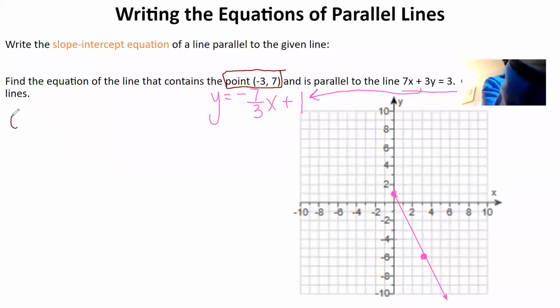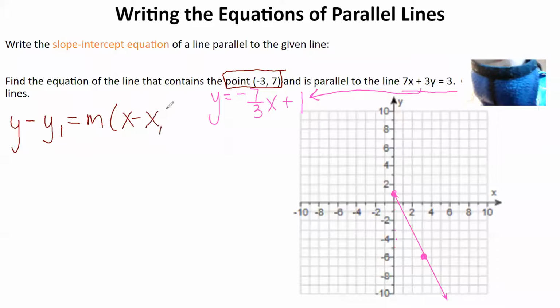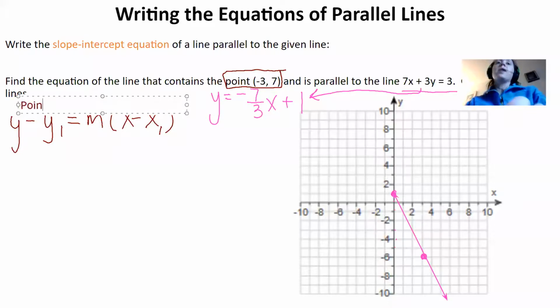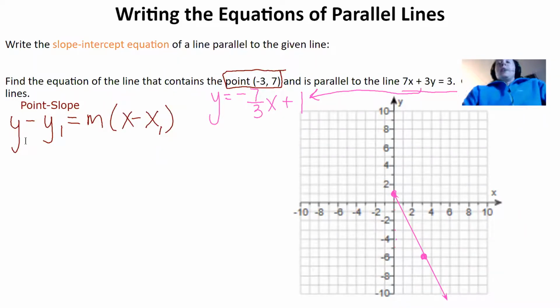So you will always tackle problems the same way. So that is point-slope. And remember, we did that a few weeks ago. Doesn't make it any easier, but it's okay. So we take what we want the slope to be and our new point, and we plug it in there and simplify it till you get the slope-intercept form.